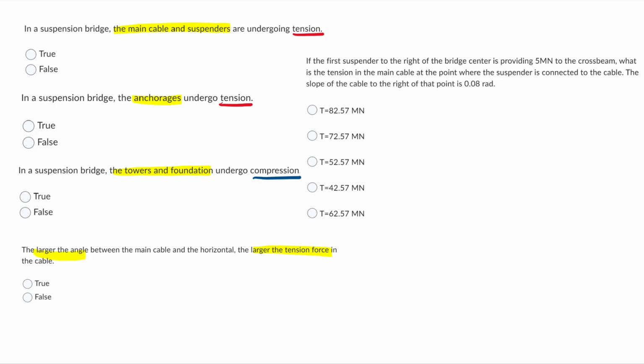And then finally, we'll take a look at some integrative analysis with this example, looking for the tension in the main cable. So now, take a few minutes to try these questions on your own, then come back to this video.